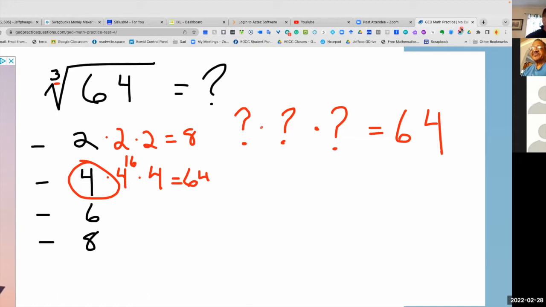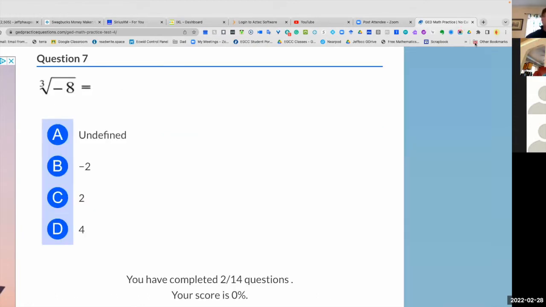Now it's a really good move because it would be very easy to see this and think undefined. But the fact that they put the little 3 there, man, that is tricky. I don't know if the GED would be that tricky, but either way, nothing wrong with testing out the answers.